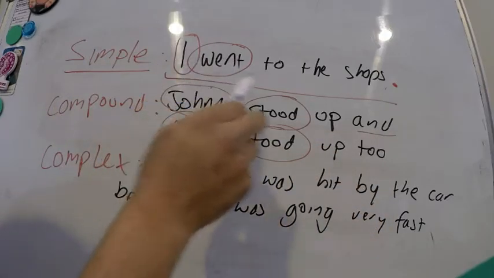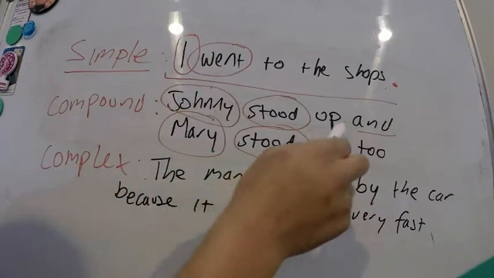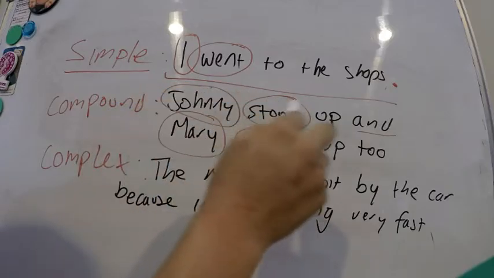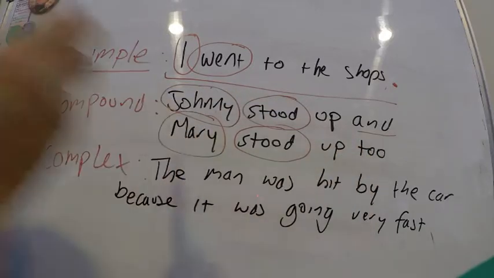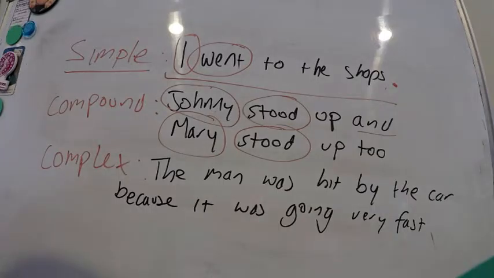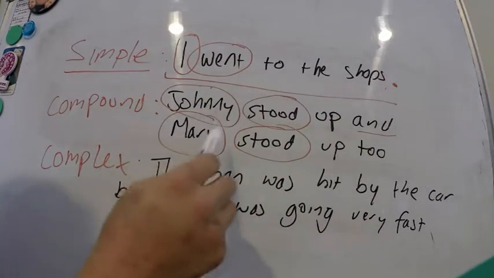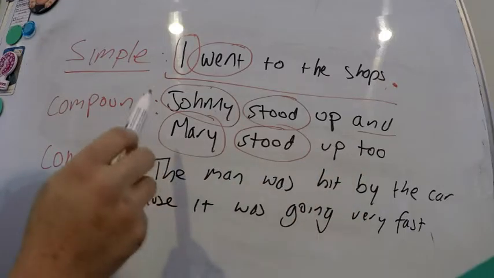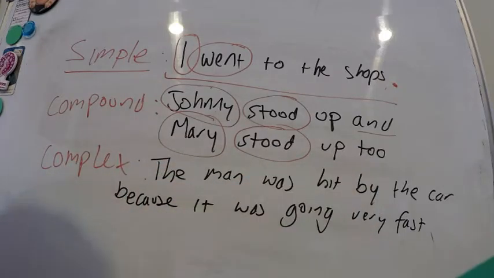So subject, verb. This, Johnny stood up, is an independent clause. You see that it's not lacking anything? You can just say Johnny stood up and it just makes sense all by itself. It doesn't have to rely on anything. And hopefully when we get to complex sentences, that idea will be made a bit more clear as we look at what a dependent clause looks like. But this is an independent clause too. Mary stood up too. That's an idea that just stands all by itself.